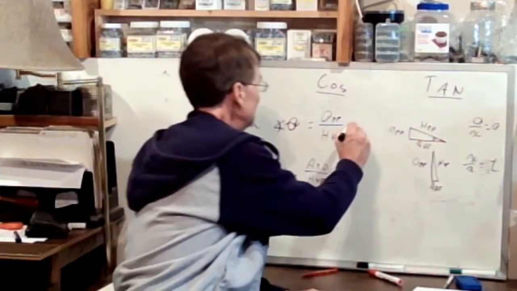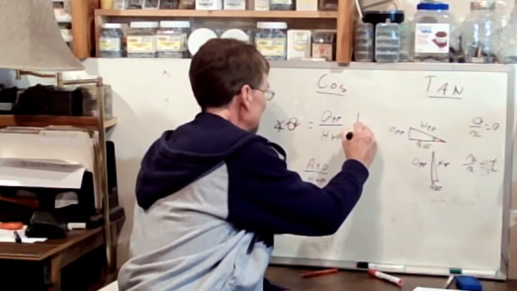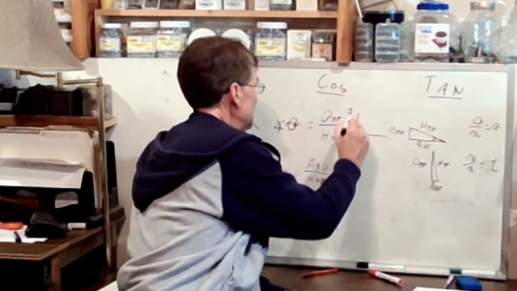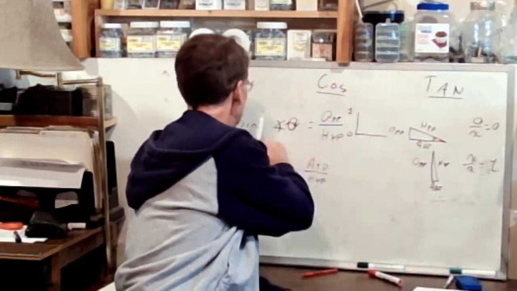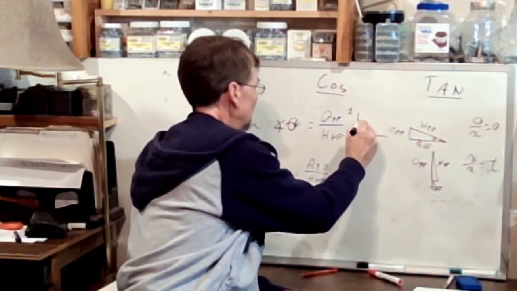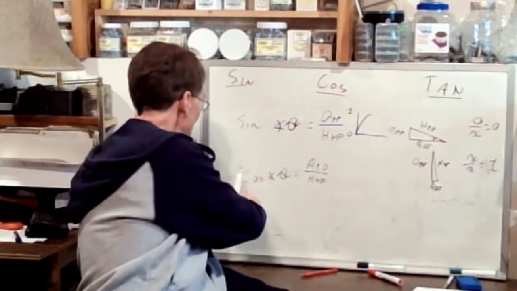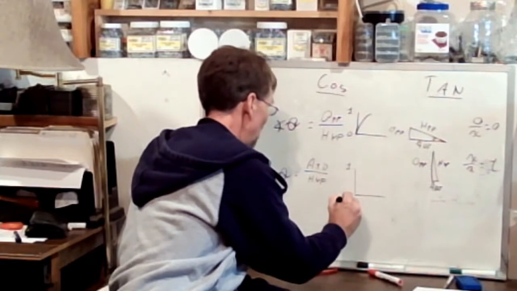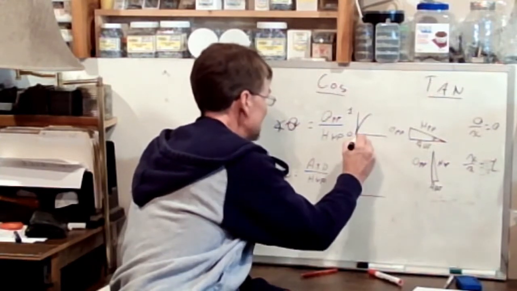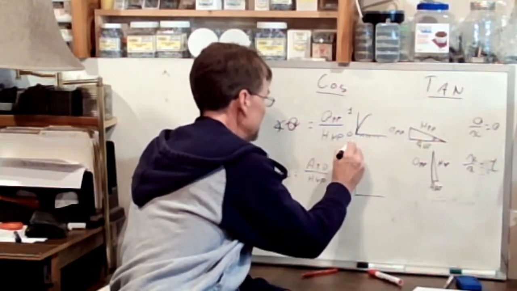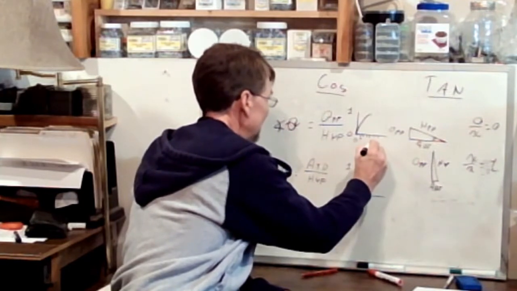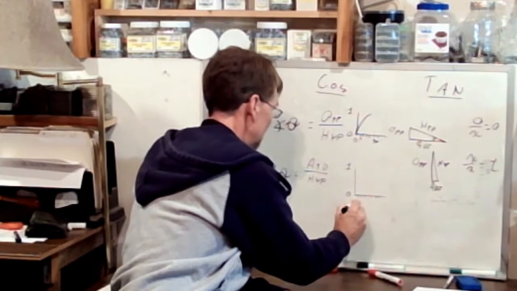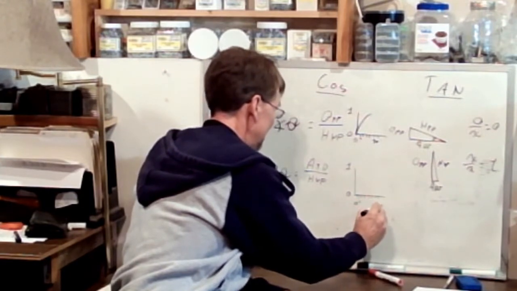So sine, if we were to graph this, and this is 1 and this is 0, sine begins at 0 and builds to 1. The cos, if we look at the same situation, that's a 1 there and that's a 0, and this is the angle from 0 degrees to 90 degrees.